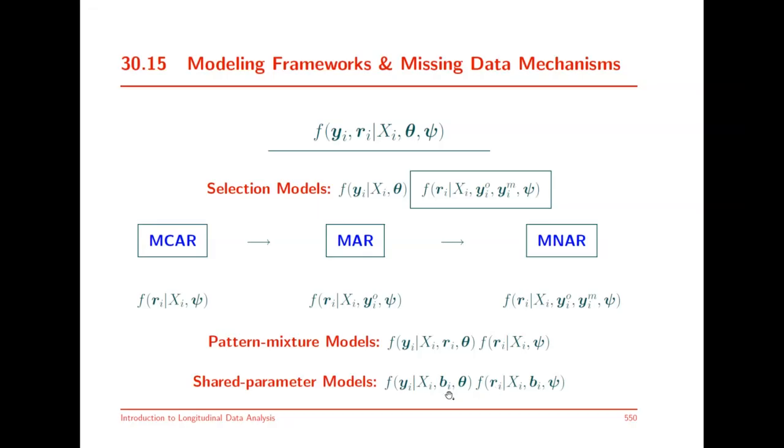We connect them by a latent variable that is common to both. And I use the notation of a random effect because it actually is a random effect. But because the random effect is shared between the two model factors, we typically call it a shared parameter.